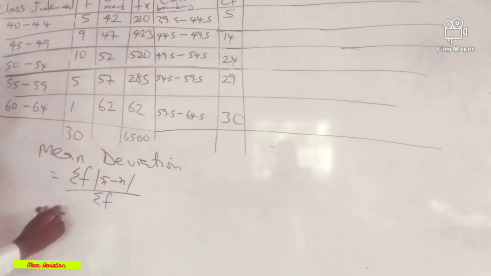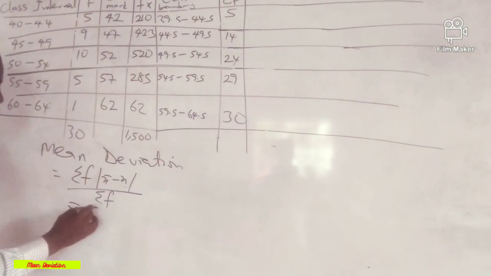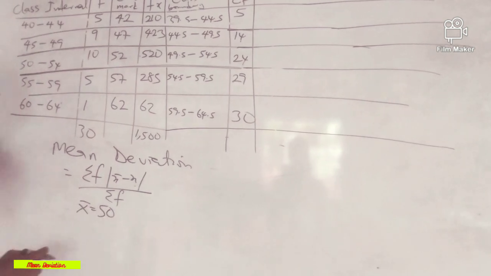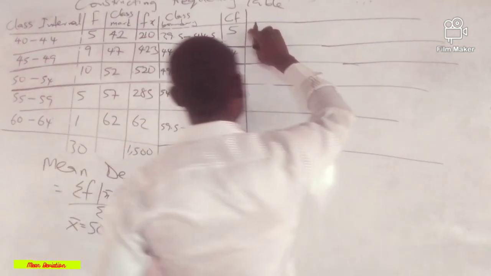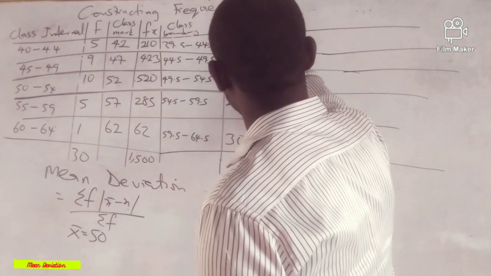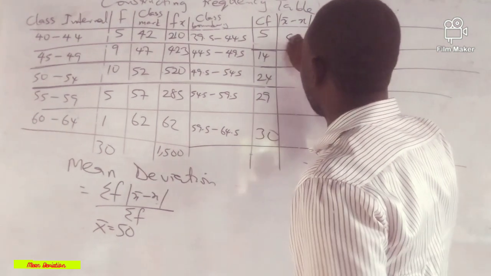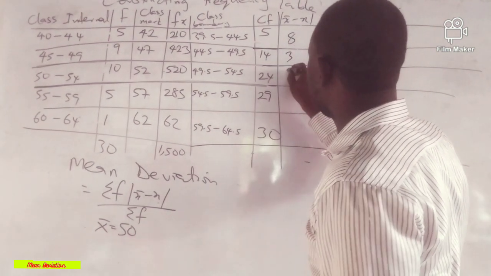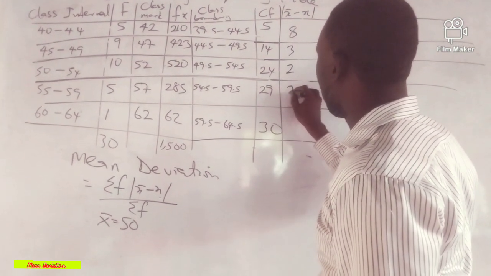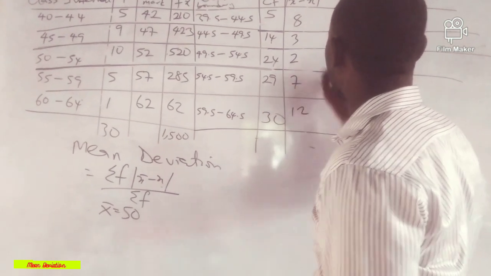Our mean was 50. We've done that before. So your deviation from the mean: 50 minus 42, you have 8, and then 3, and then 2, and then 12.